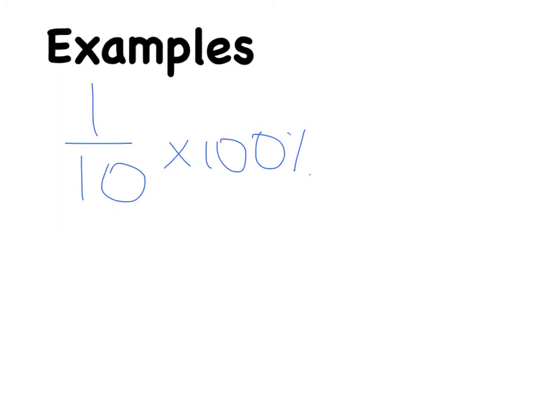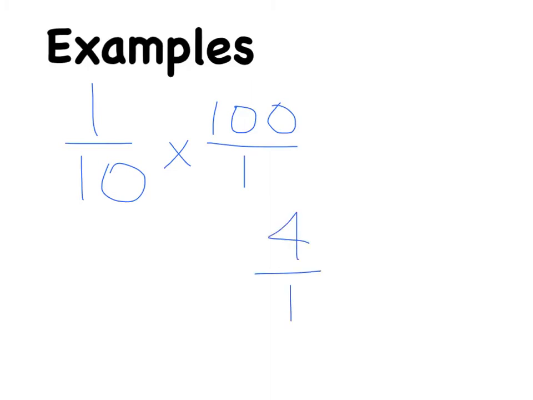So instead of writing it just straight 100%, when I write a fraction with a whole number as my numerator and 1 as my denominator, that is equivalent to the numerator itself. If I wanted to express 4 wholes, I can write it as 4 on 1. If I wanted to express 3 wholes, I can write it as 3 on 1. When my denominator is 1, it means the numerator as a whole number.